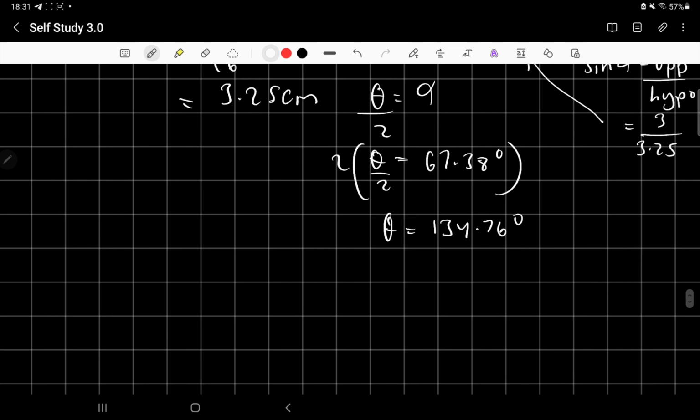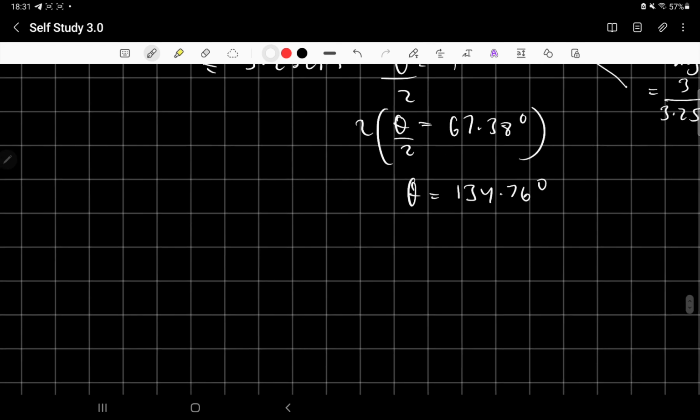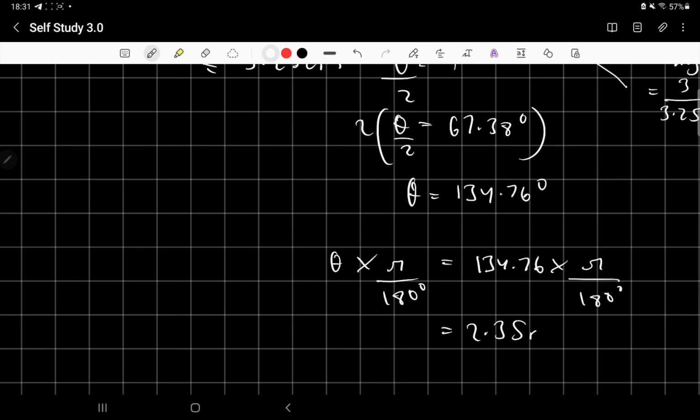Now, if you want to convert this to radians, the formula should be, let me remember, theta times pi over 180 degrees. So our theta should be 134.76 times pi over 180, which should give us 2.35 radians, or rad, the unit of it.